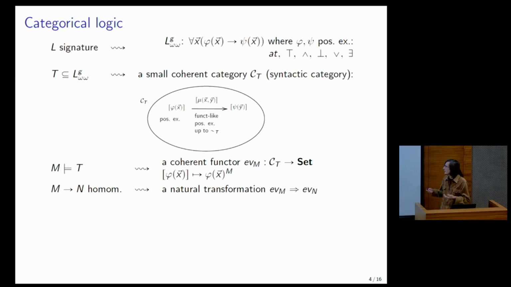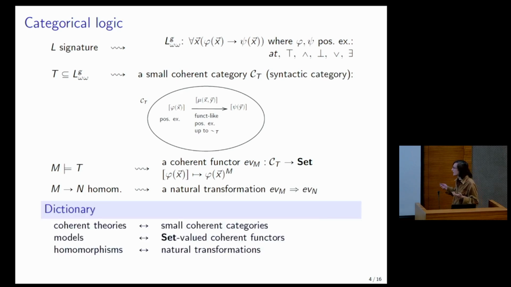That's not an arbitrary category, because these zero definable sets are closed under some operations. If you have two definable sets, then their product will be a definable set. You can find a formula which defines that, and so on. These are called coherent categories, which have finite limits, pullback stable finite unions, and pullback stable image factorizations.